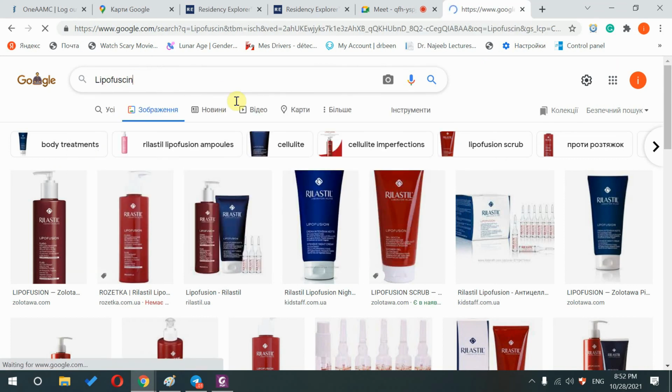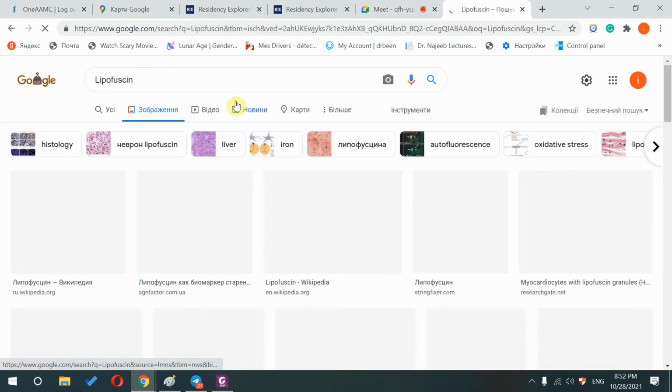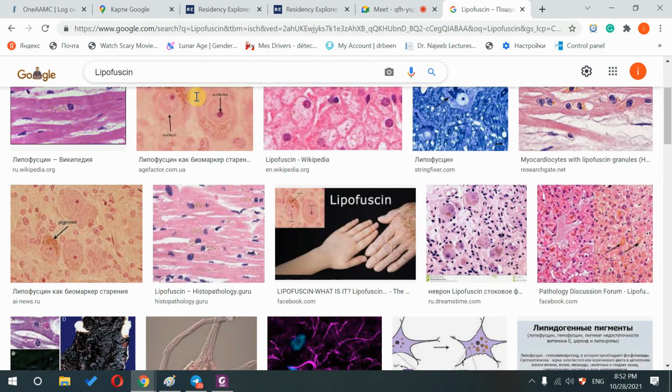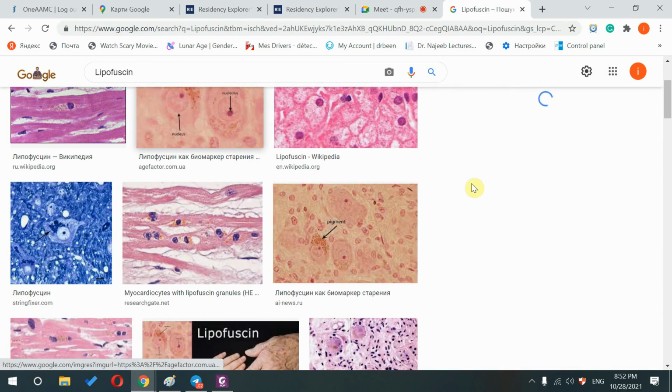The easy way is to look at the age of the patient in the question. If the age of the patient is more than 70, it's lipofuscin for sure because it occurs in old people. But if the patient's age is less than 50, it's hemochromatosis for sure because lipofuscin will not occur in a 50-year-old. So you take a look at it, you can see a lot of brownish pigment inside of the cells.